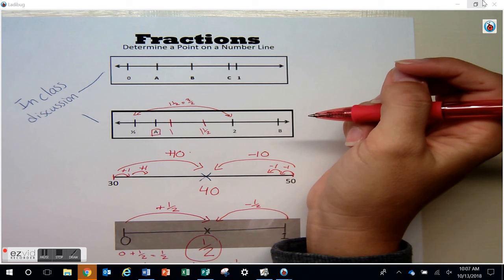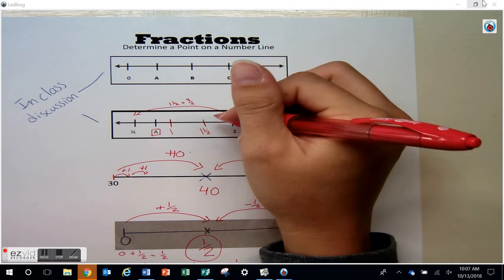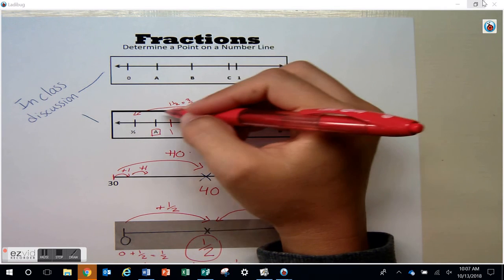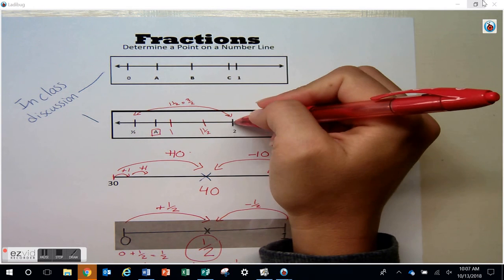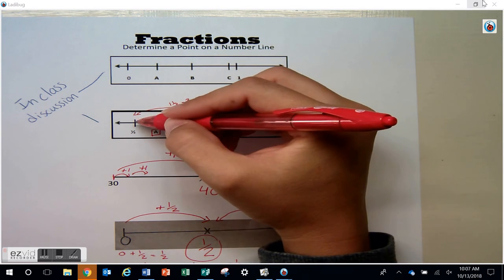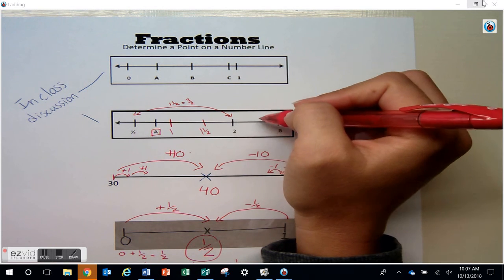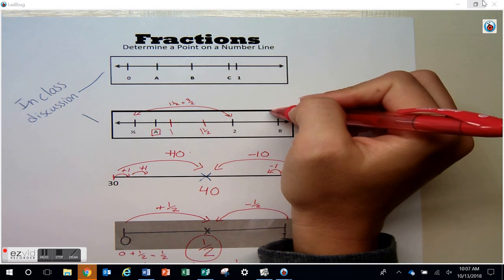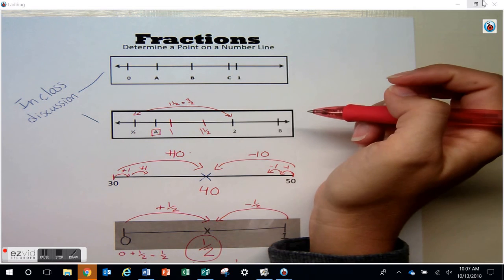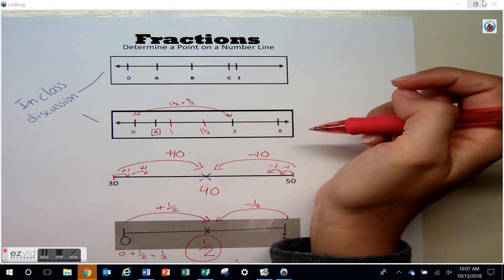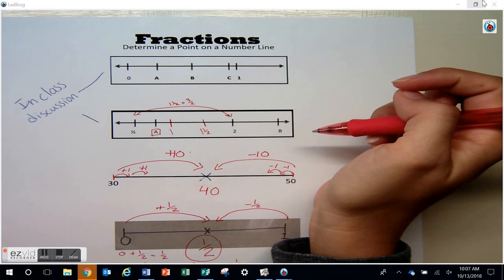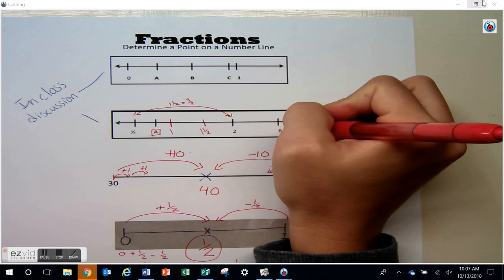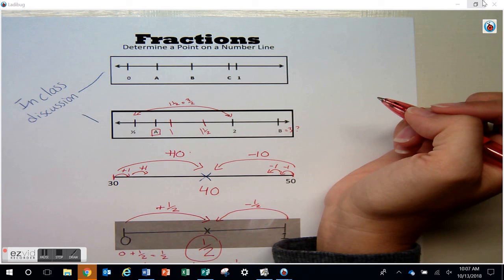Using our same thought here, I see that the distance between B and 2 is a lot smaller than the distance between 1/2 and 2. So I know that this is not going to be as far as 1.5. So could it be a distance of 1? Could this be 3? Maybe, based on what we have here.